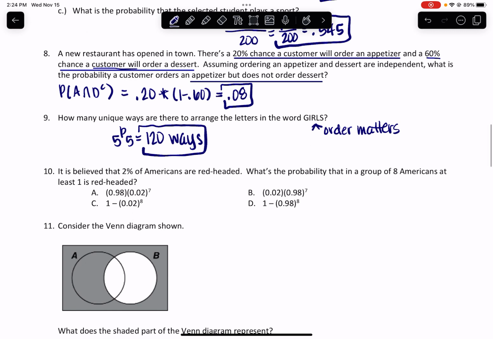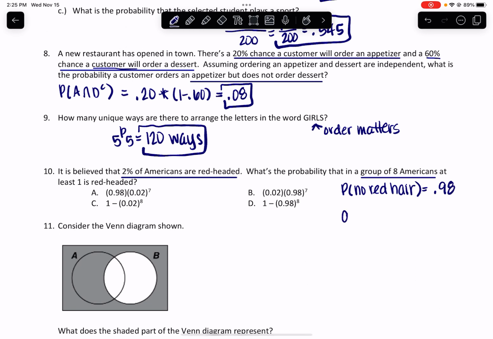Okay, 2% of Americans are redheads. What's the probability that in a group of 8 Americans, at least one is redheaded? Now remember, first of all, let's calculate the probability of no red hair, which is 0.98.